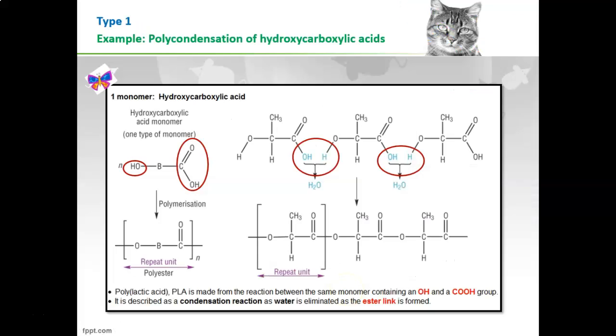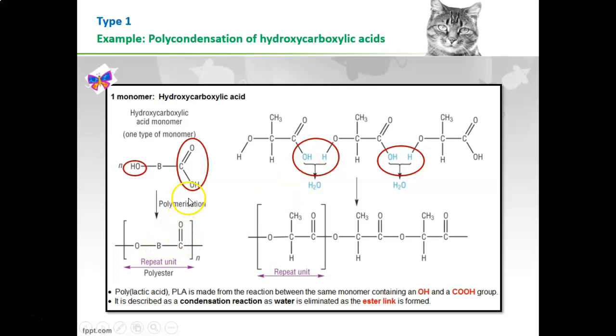Example of polycondensation of hydroxy carboxylic acid: one monomer, which is hydroxy carboxylic acid. Hydroxy carboxylic acid contains OH and COOH, which is more than one functional group in one molecule. So it means dia ada dua functional group dalam satu molekul hydroxy carboxylic acid.